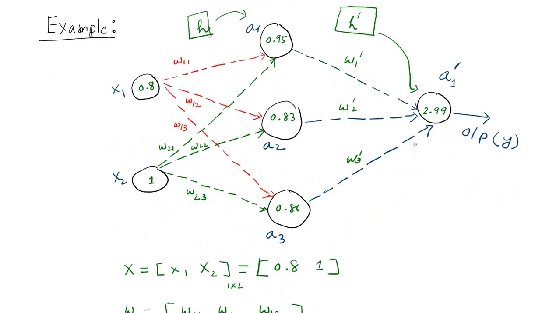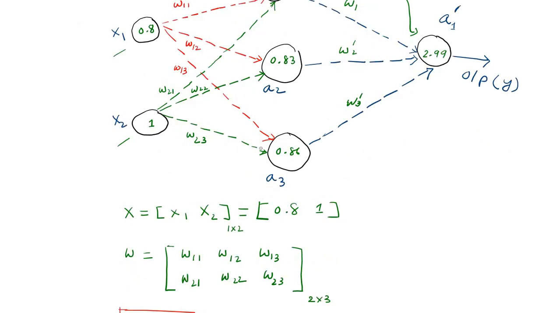Now let's take an example to understand the idea. Let's say I have neurons x1 and x2, whose values are 0.8 and 1, connected with weights w11, w12, w13 for x1, and w21, w22, w23 for x2.